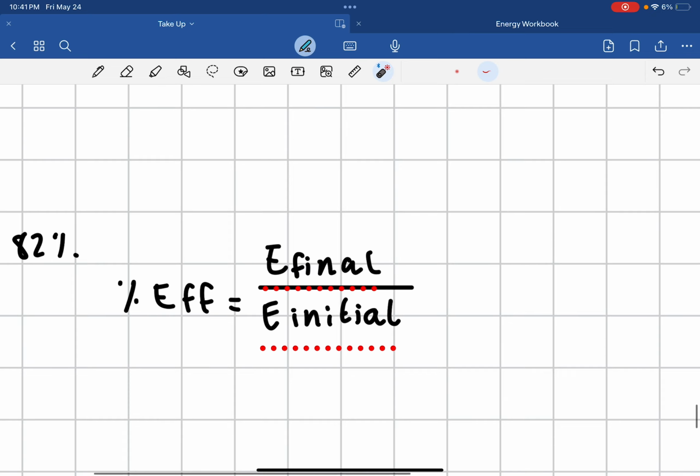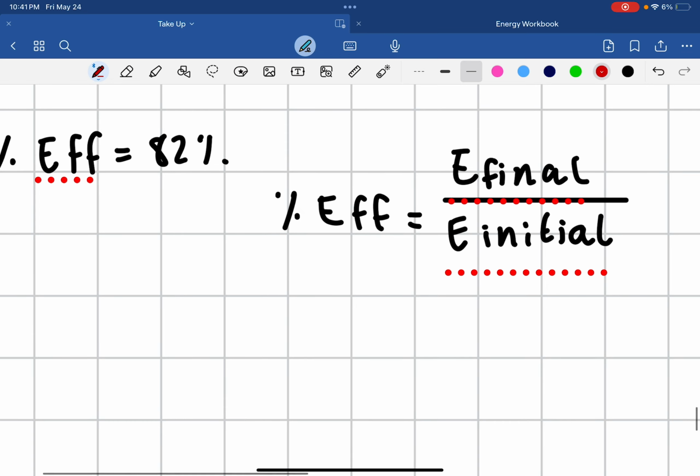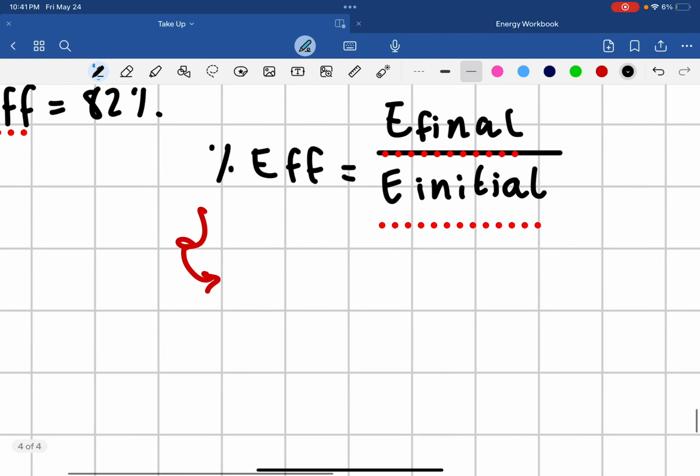And that means we need the initial energy. So all we need to do is just isolate for E initial, which means moving E initial out of the equation and putting the percent efficiency into the denominator.